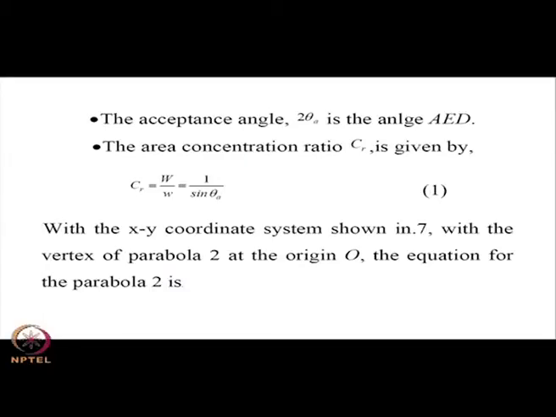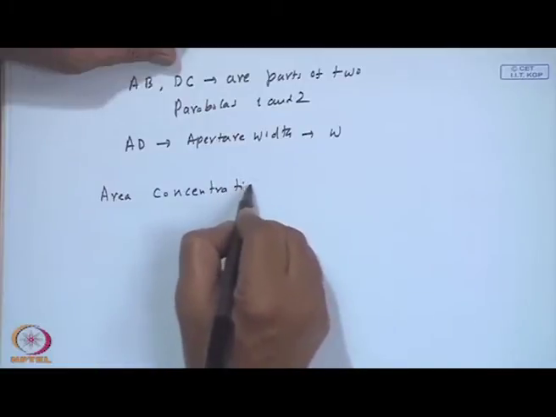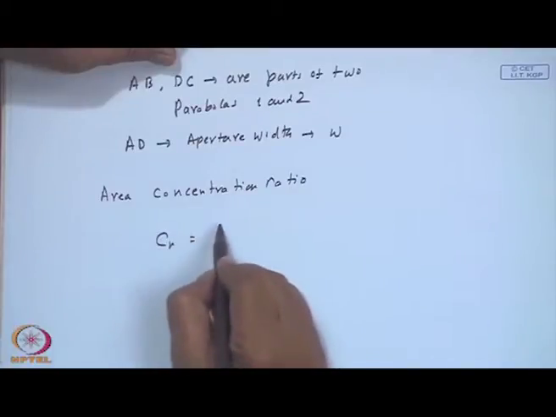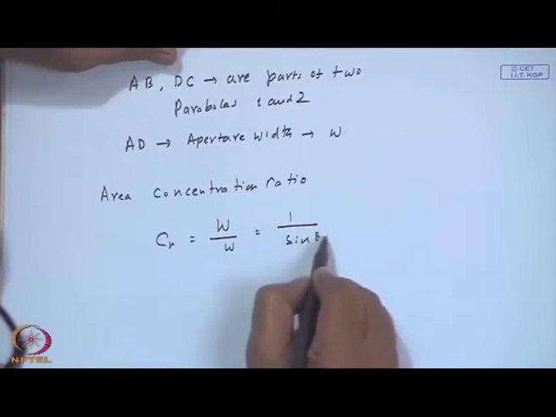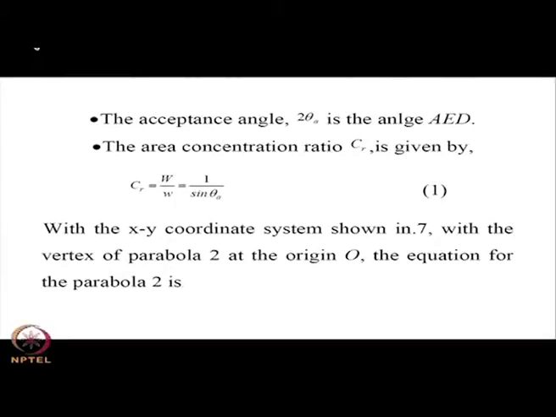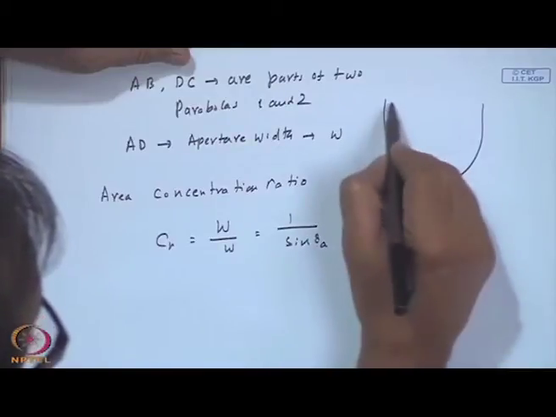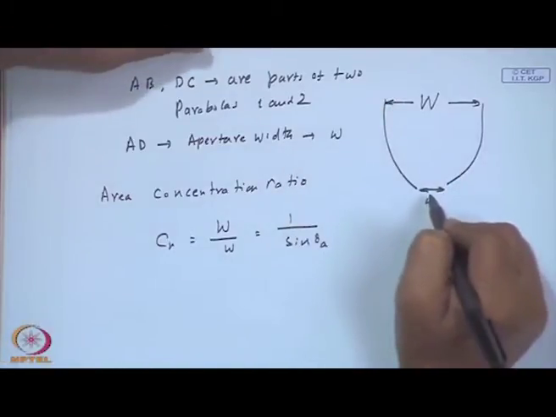Then the area concentration ratio CR is W upon w, which is 1 upon sin theta A. Small w is the width at the focal point distance.